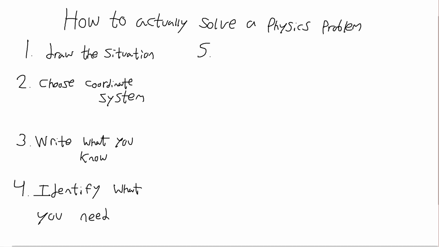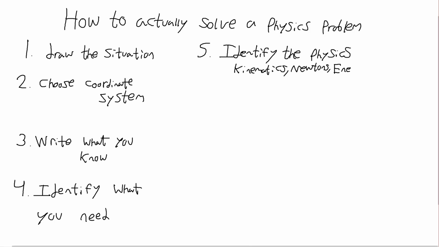Then you want to identify the physics. And this is the most important step. This is where you decide if you're going to use kinematics, if you're going to use Newton's laws, if you're going to use energy.